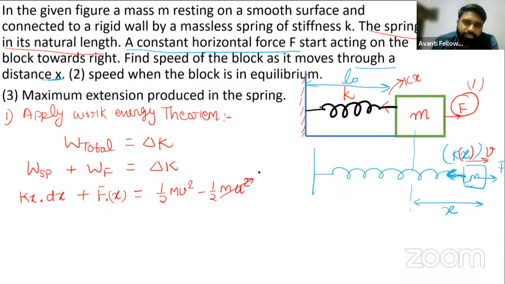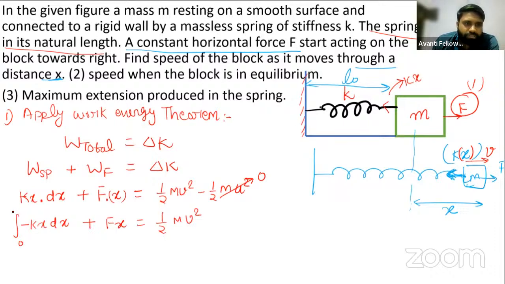U is the initial velocity, which is 0. Now this will become minus of kx dx, because this will open as kx dx cos 180. Cos 180 is minus 1. So you can integrate it for the total value. And this will become f dot x, fx, equals 1 by 2 times m v square.